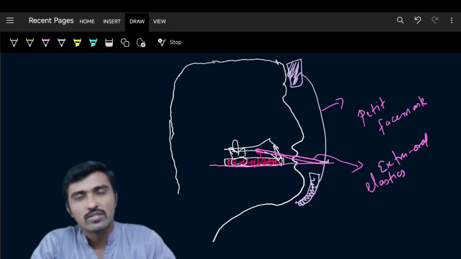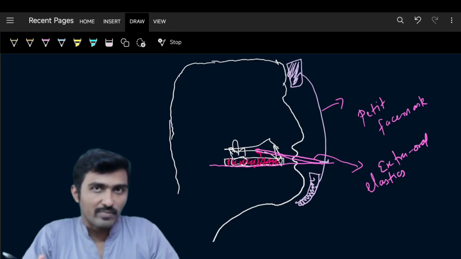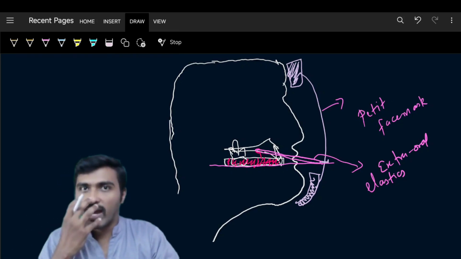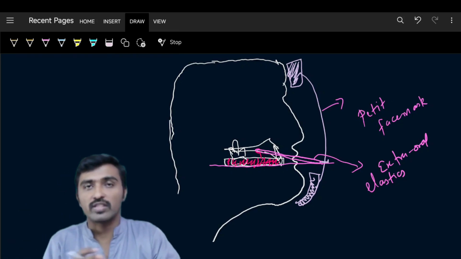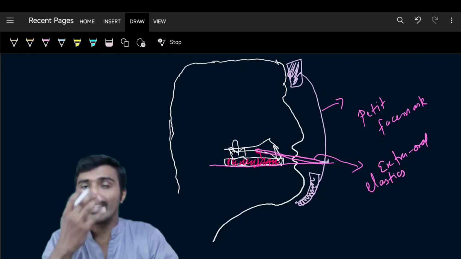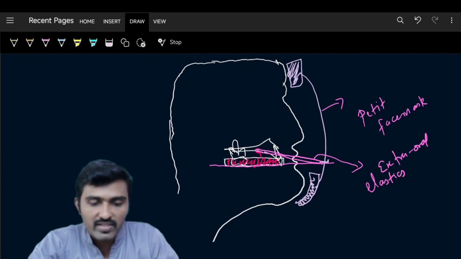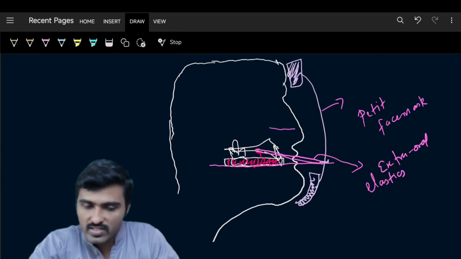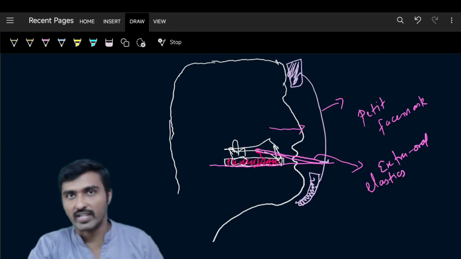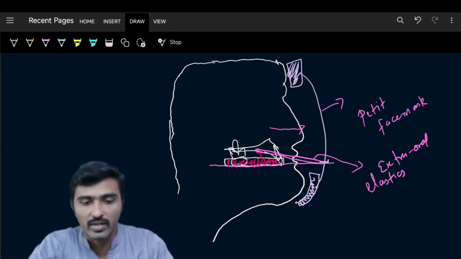The idea of protraction of maxilla should not be only anterior protraction, but the maxilla has to be pulled a little downward as well. Because, just pay attention, when the maxilla is being pulled forward, yes, the class 3 gets corrected, but what happens to the mandible?